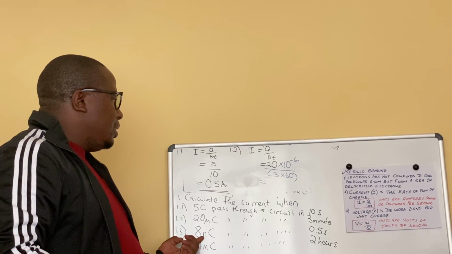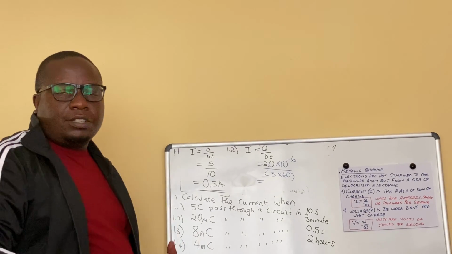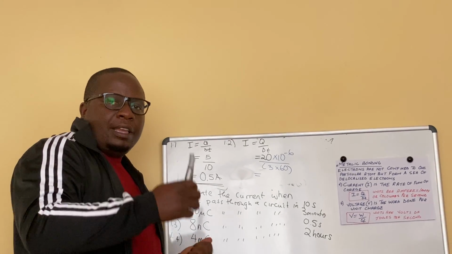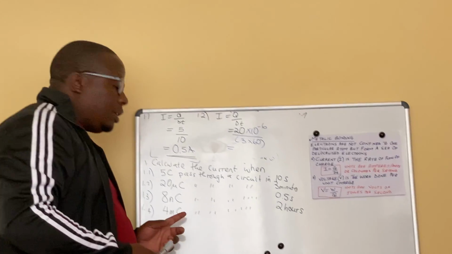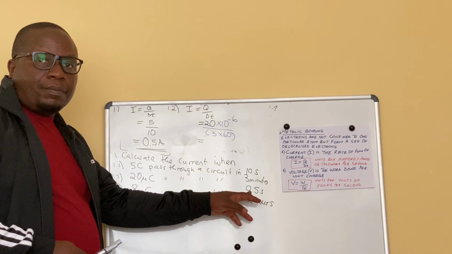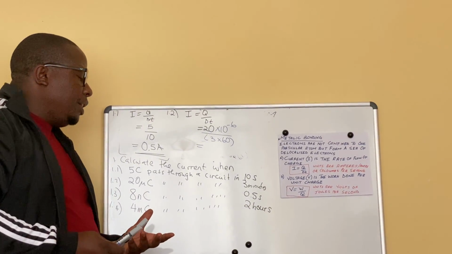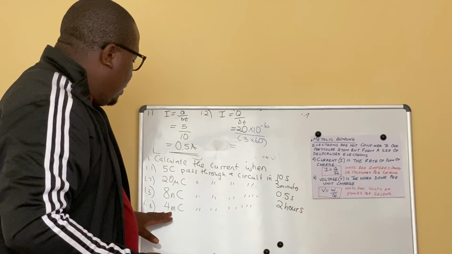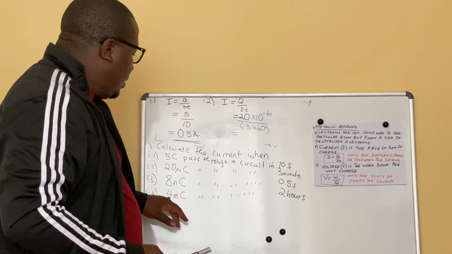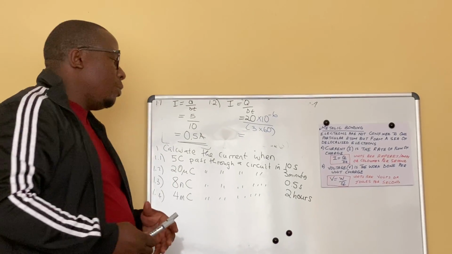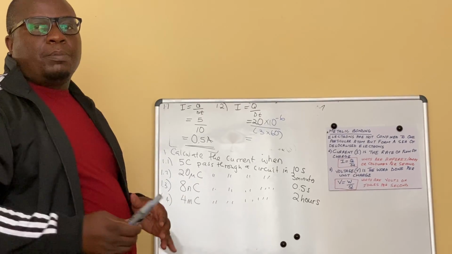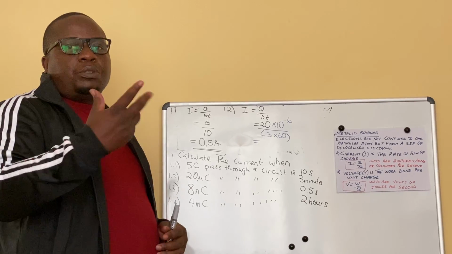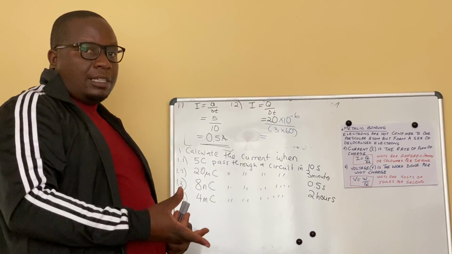So nano means times 10 to the power of -9. So you need to convert this to 8 times 10 to the power of -9 so that it can be in coulombs. The time, we are not going to convert because it is already in seconds. Is that okay? Then 1.4, it is 4 millicoulombs. Milli means times 10 to the power of -3. And then the 2 hours, you need to change them to seconds.